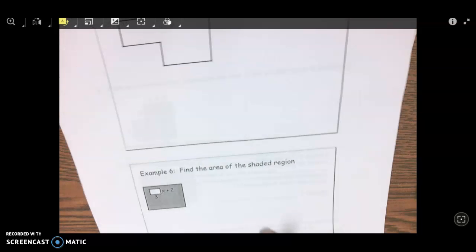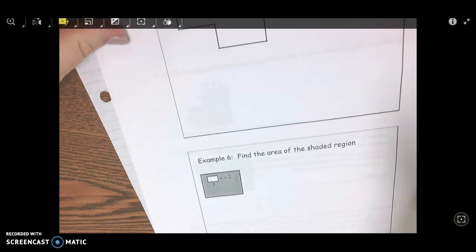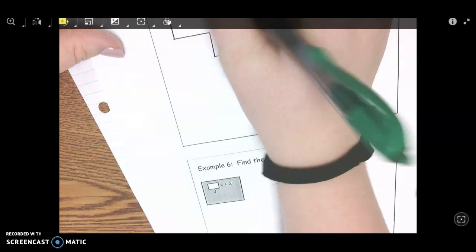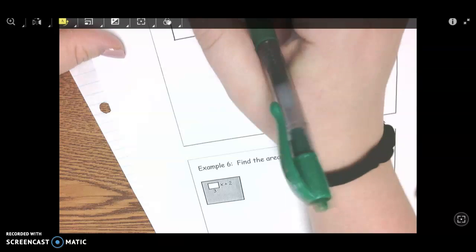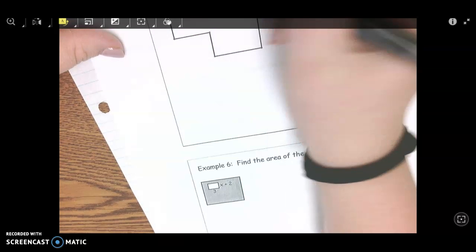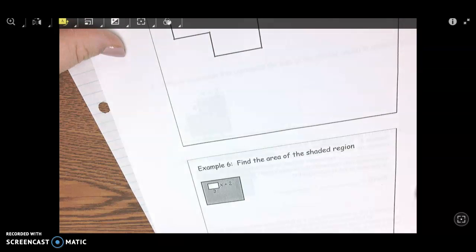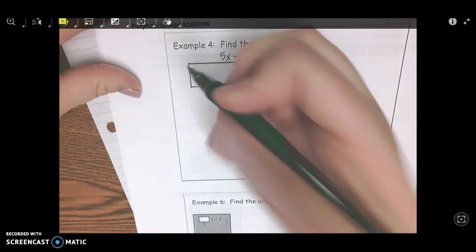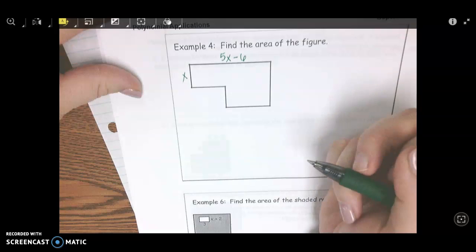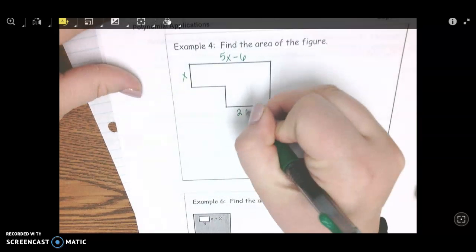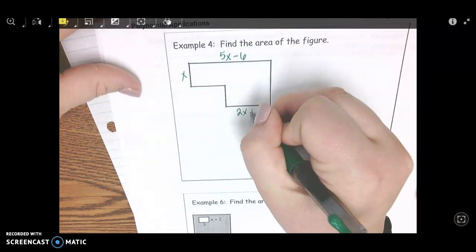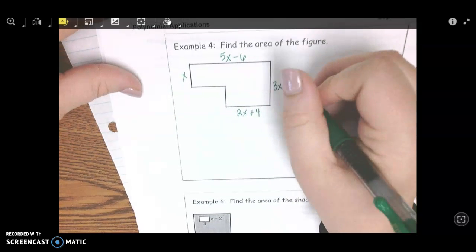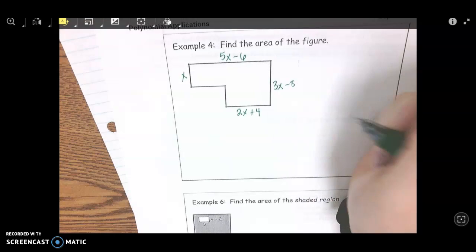So for this figure, you need a little bit of information. This side is 5x minus 6. This is x. This is 2x plus 4. This side is 3x minus 8.